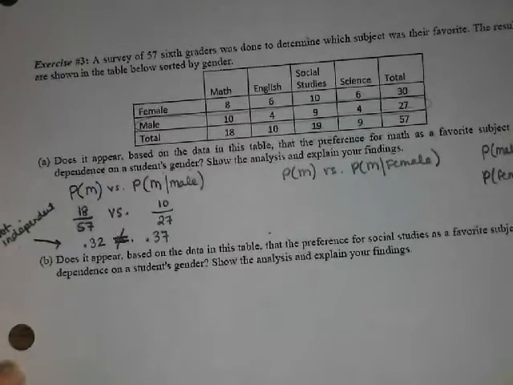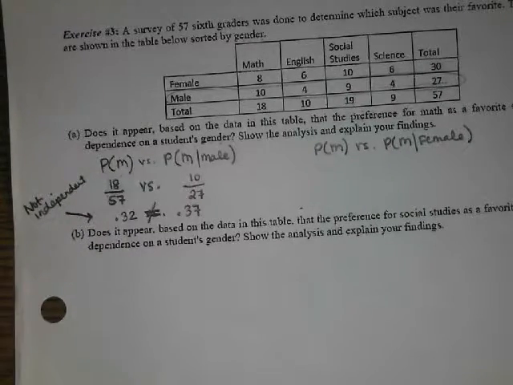And again, we all know that if you're not independent, that would usually be the same as being dependent, but they're very careful to tell us that you should not use the word dependent. They're just not independent, meaning there's something, we don't know how big or how small, about being a male that makes you more likely to like math.